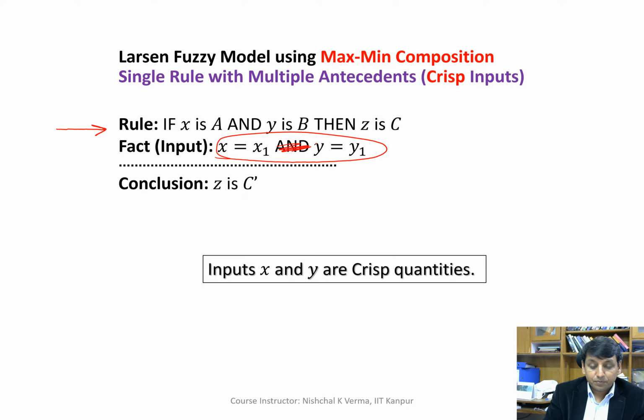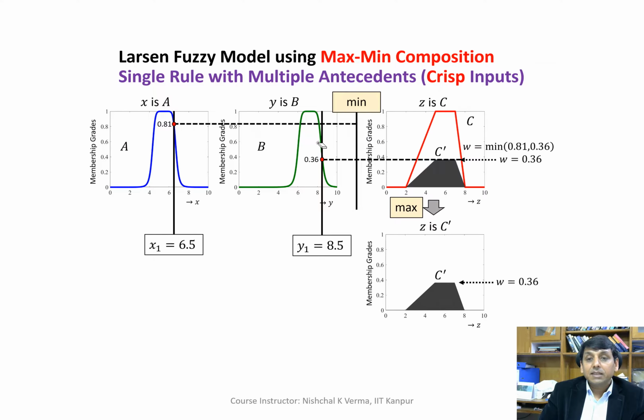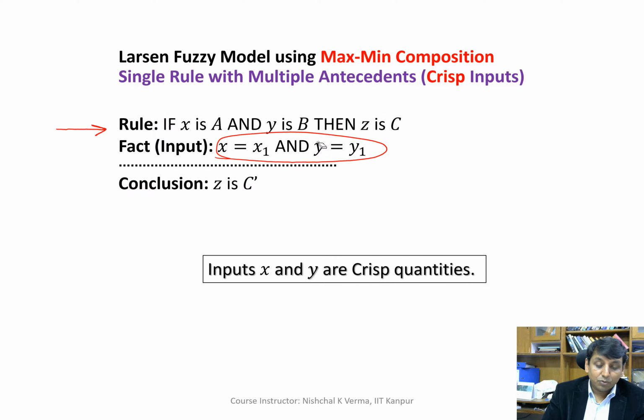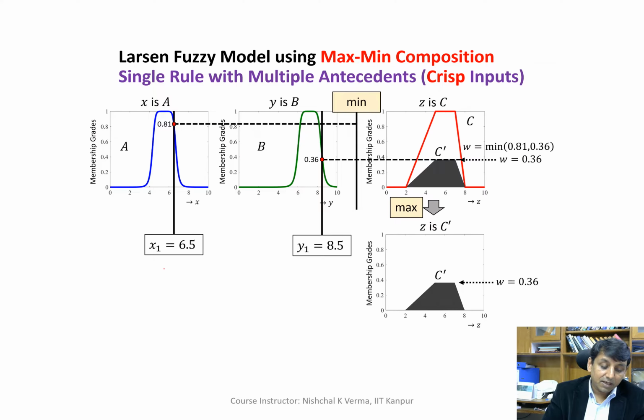Let's see what we are getting as the output when we use the Larsen fuzzy model using max min composition. So let us take the two crisp values. That means our x1 is, let's say, 6.5 here, and y1 here is 8.5 as the crisp values.